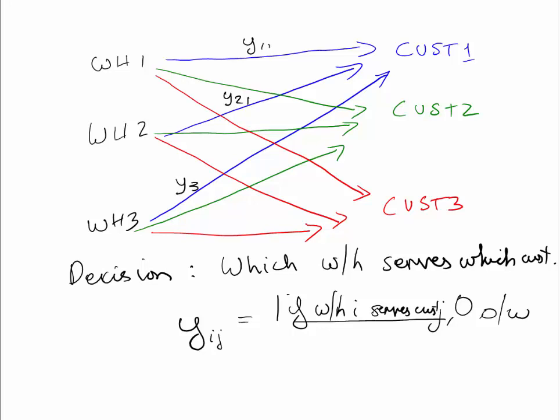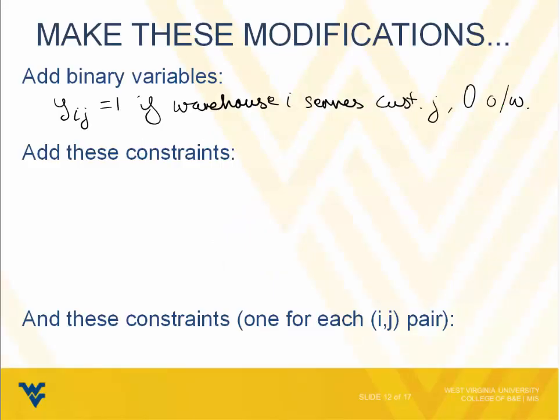This one would be y31. Yeah? This one would be y12, y13, y22, y23, and so on. So how would we say that? y11 plus y21 plus y31 is equal to 1, right?